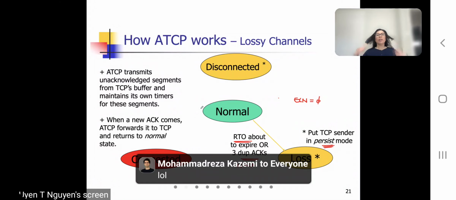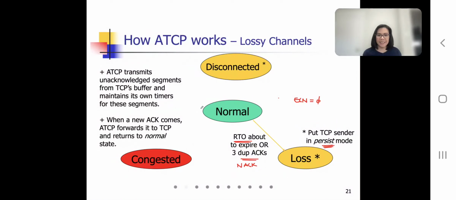All right, I'm sorry. So we're back. In this case, the retransmission timer is about to expire, or the sender received 3 duplicate acknowledgements for a data packet. So it can assume that this packet is lost, or the packet that is timing out will be lost soon.